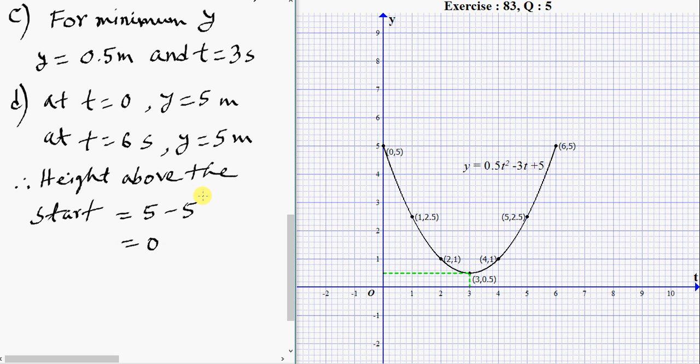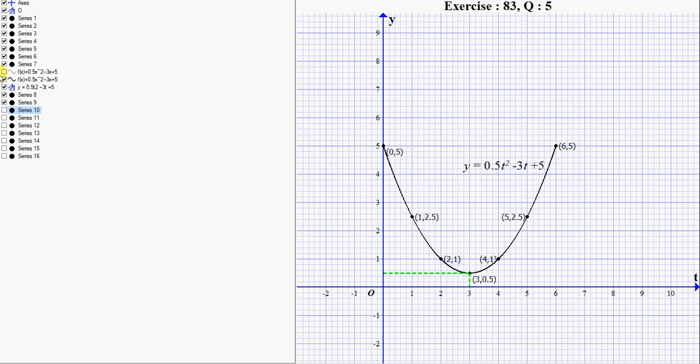So after 6 seconds we will get this point 6 and 5, 6 seconds and 5 meter, and here start is 0 seconds 5 meters, so both are 5 meters, so the difference will be 0.